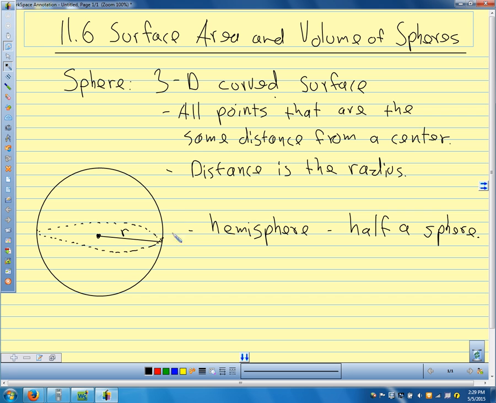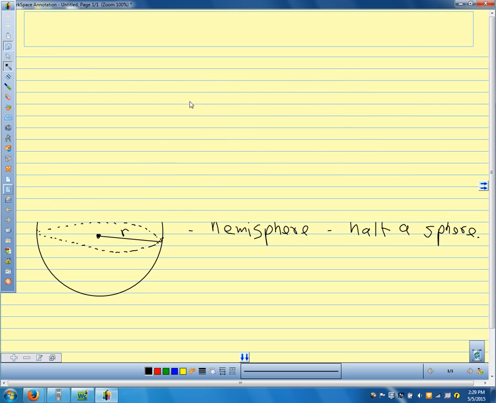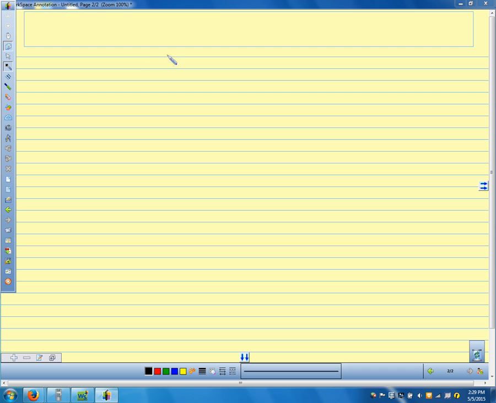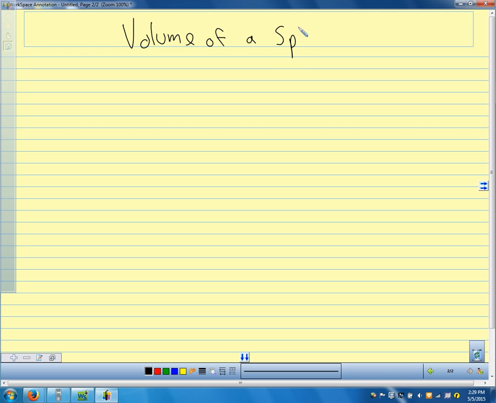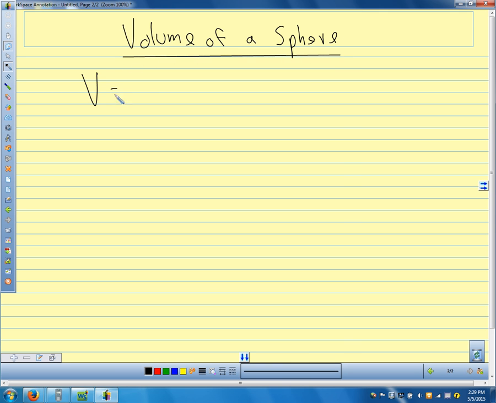Formulas are really easy. The only thing that we have to keep track of with a sphere is the radius. That's one thing that makes spheres nice. All right, so volume. Our volume is V equals 4/3 pi r cubed, units cubed.